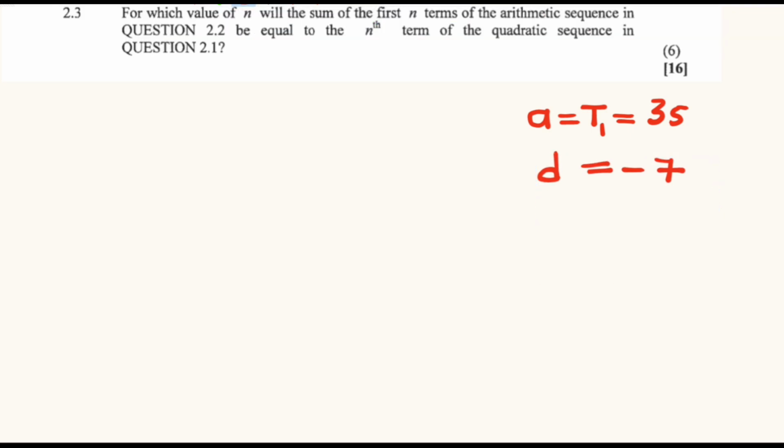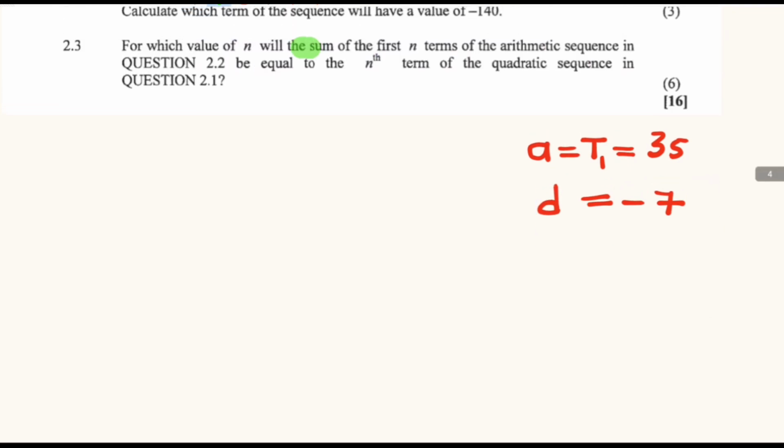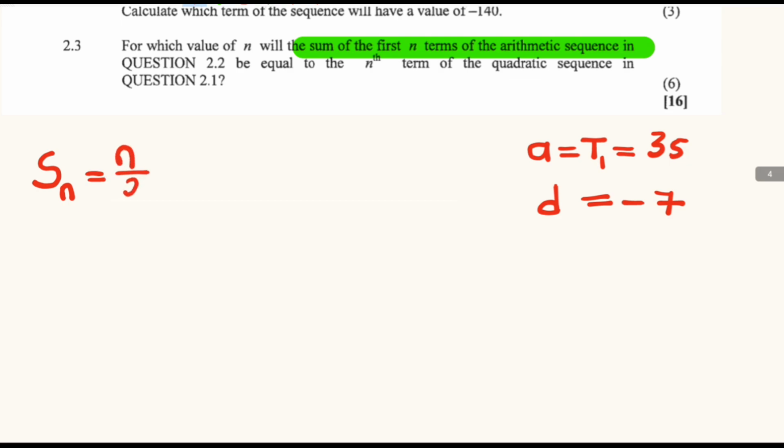Since we already have the nth term of the quadratic sequence, let's determine the sum of the first n terms of the arithmetic sequence. So the sum to n terms will be equal to n divided by 2 into 2 multiplied by a plus n minus 1 multiplied by d.